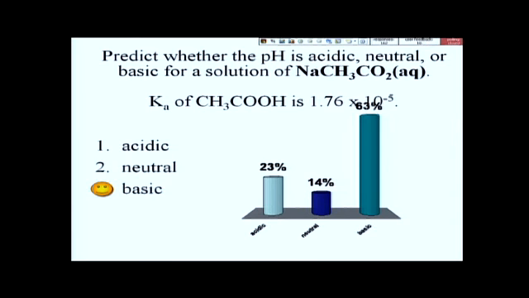So if we go to my presentation here. We can break this up into Na+ and CH3COO minus. Na+, is that a conjugate acid of a weak base? Is that going to be acidic?